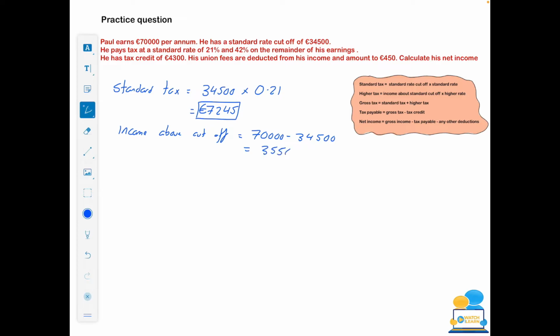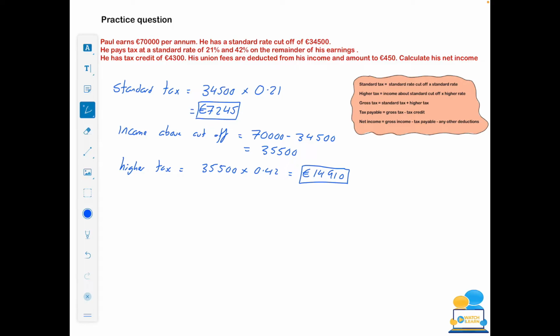So he earns 35,500 more than the cutoff. We haven't taxed that yet, so we need to tax that at the higher rate. So his higher tax is 35,500 multiplied by 0.42, and that gives us 14,910. Again, put a box around that.